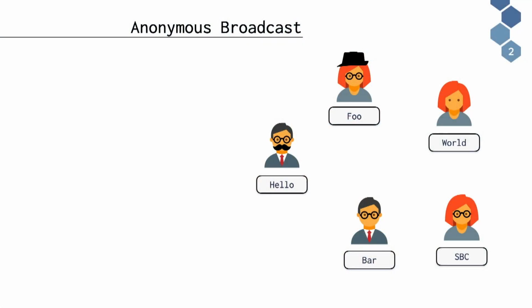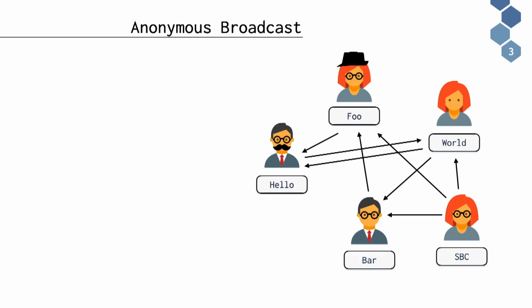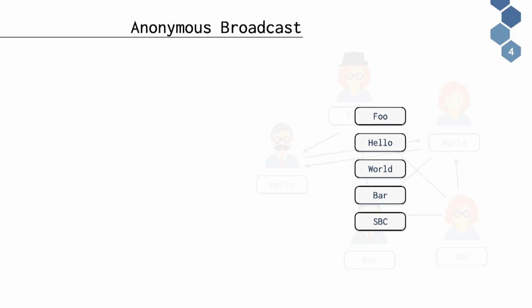Okay, so just to get on the same page, in the anonymous broadcast setting, we have a bunch of parties, and they all have a message, and they would like to interact in some way over the network, and at the end the network all together should learn what the messages were, but you would like to hide who sent which message, okay?